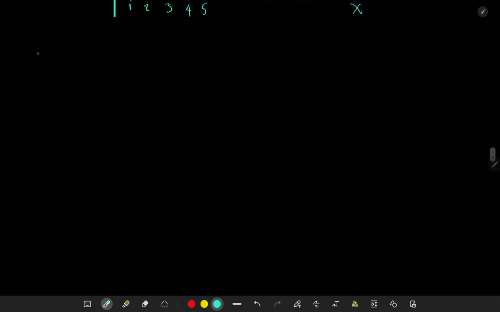So we need 3 conditions. Firstly, f is going to be a function that needs to be continuous on the closed interval from 1 to infinity. So we need that for sure. Now we will need that f be decreasing.